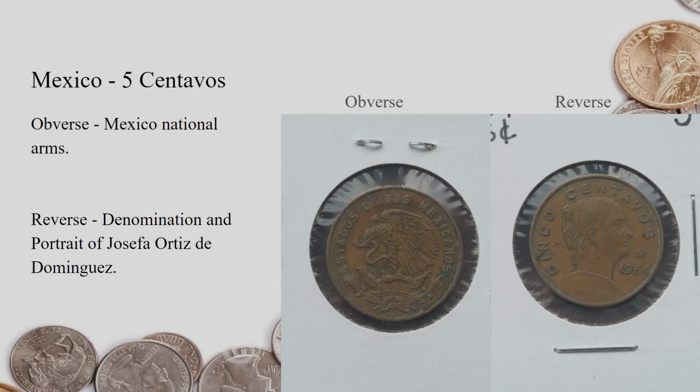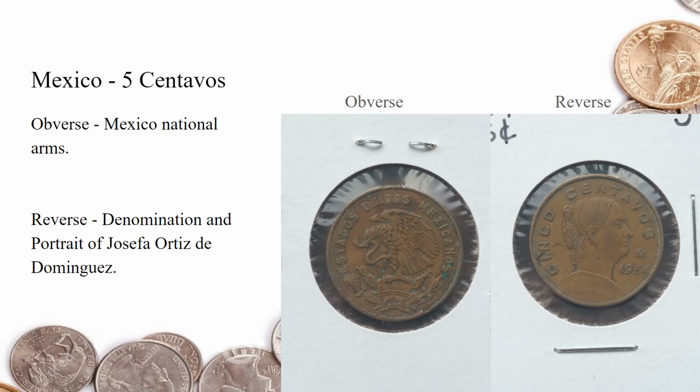And now we move on to Mexico, starting with a 5 centavos. The obverse has the Mexican national arms, which is indicated by an eagle right in the center there, and it says Estados Unidos Mexicanos, which is the United States of Mexico.